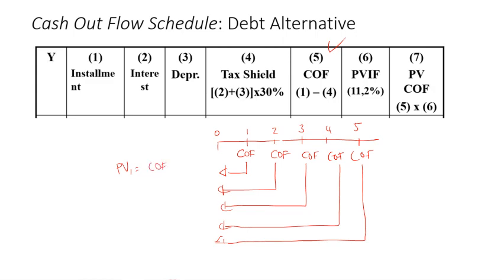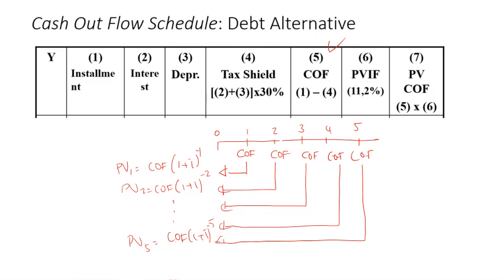So this is COF1 times (1 plus i) to the power minus 1, PV2 is COF2 times (1 plus i) to the power minus 2, until the fifth, which is PV5.